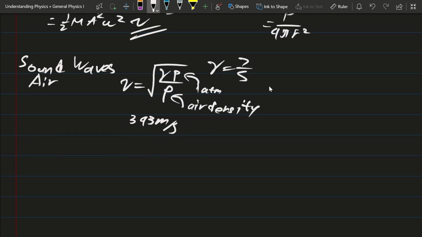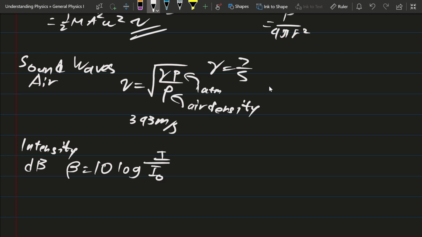So going back to sound intensity. The way that you measure intensity for sound is similar, but for conventional uses, we use a system which uses the unit decibels. Decibels is basically 10 times the log of I over I0, where I0 is 10 to the power of negative 12 watts per meter squared.